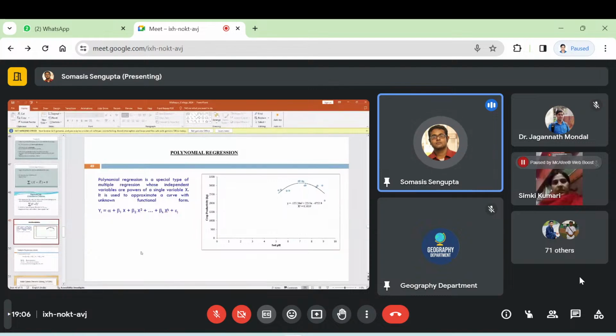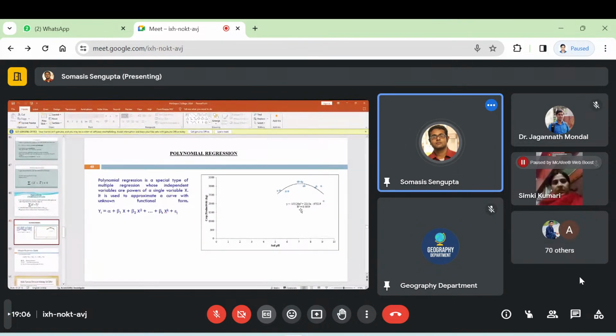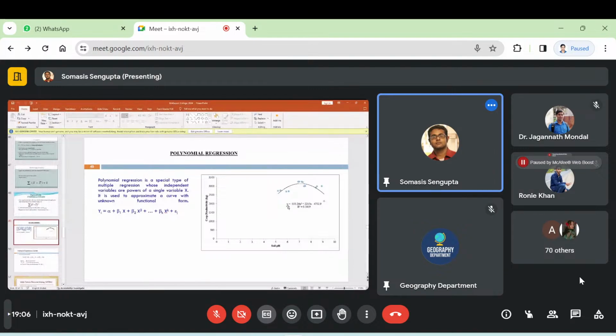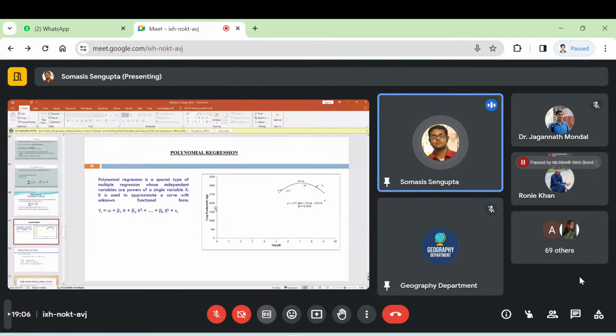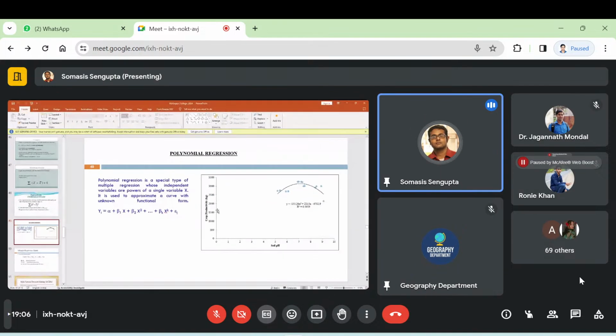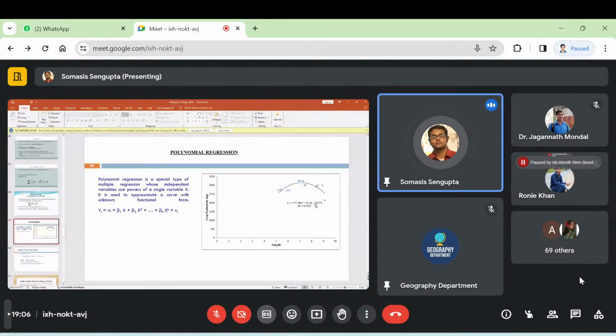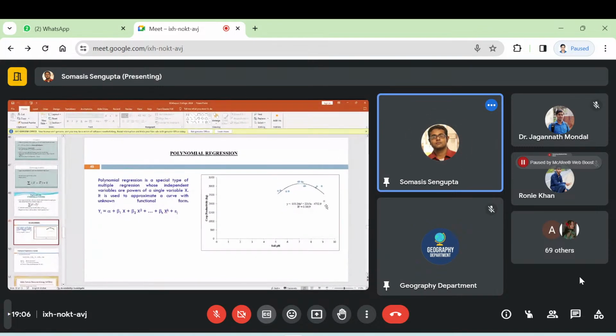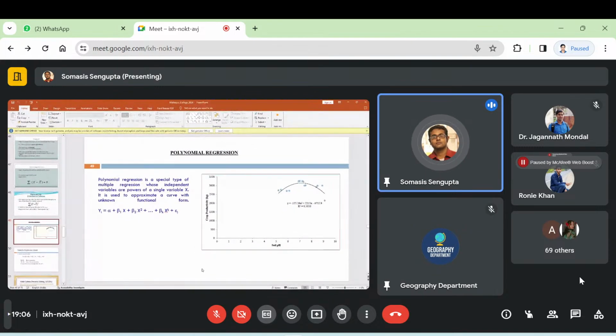And many of you, if you have mathematics in your class 12, you might have already done it. So from matrix algebra, there are certain steps to get this equation. Here you see y, here y means crop productivity, is equal to minus 155.26 x square plus 221.5x minus 4752.9. So this is basically the polynomial regression.